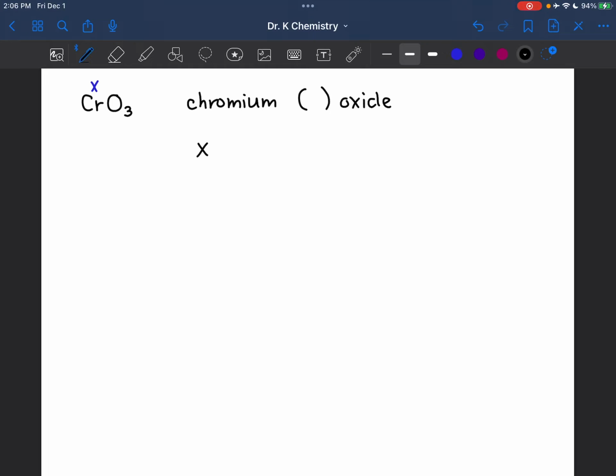So I'm going to give the variable x to the charge for chromium. I know that the charge on oxide is negative 2, but here we have 3 of them in the formula, so I need to multiply that by 3 to account for the 3 oxides. And then I'm going to set up the equation. And here, when I solve for x, the charge on chromium will be positive 6. So this would be chromium(VI) oxide.